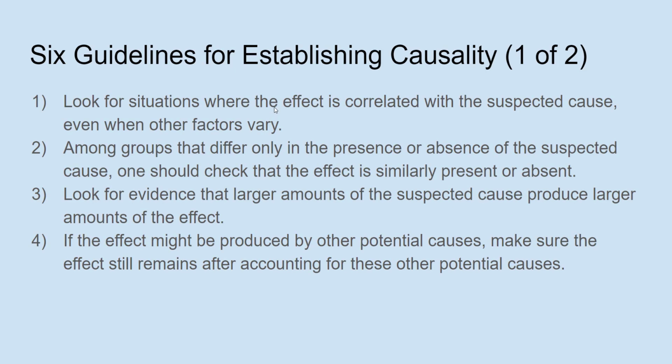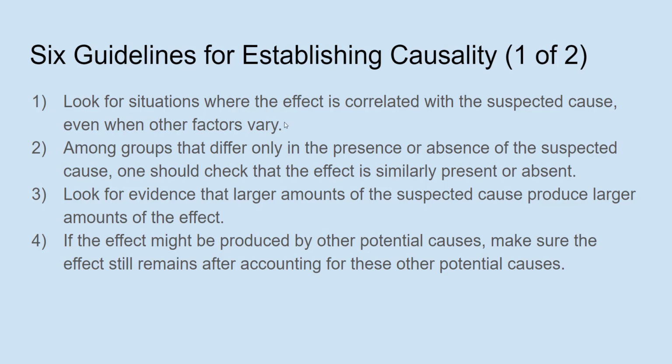When you recognize that there is a correlation between two variables, it is important to consider some other concepts in order to establish that causality. For number 1, look for situations where the effect is correlated with the suspected cause, even when other factors vary.